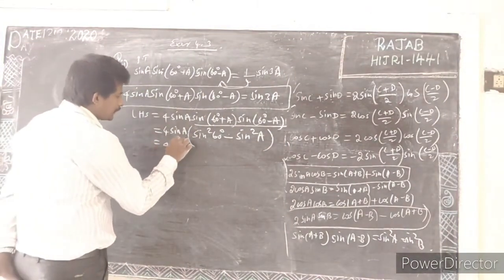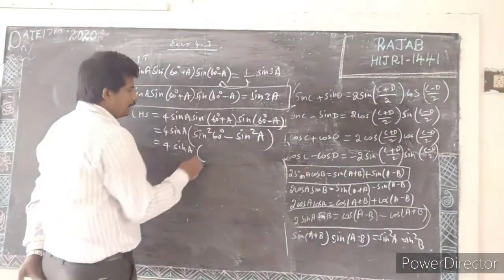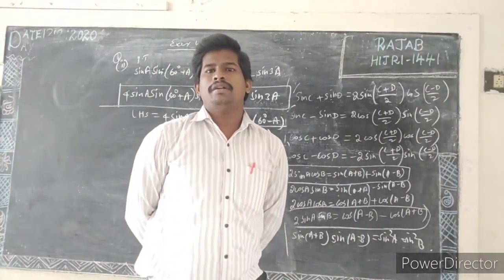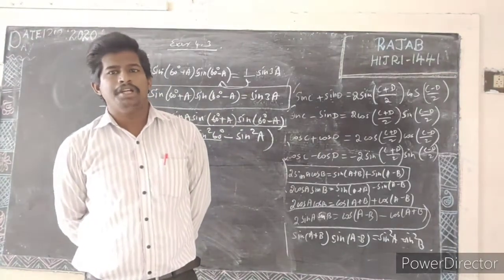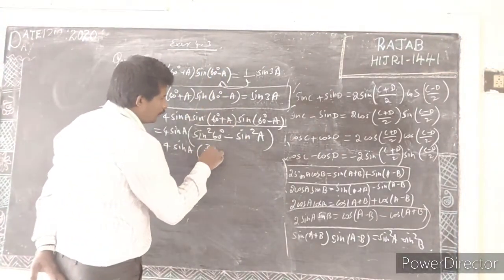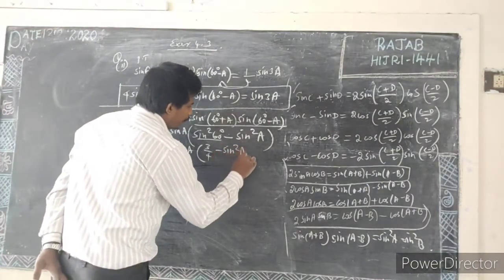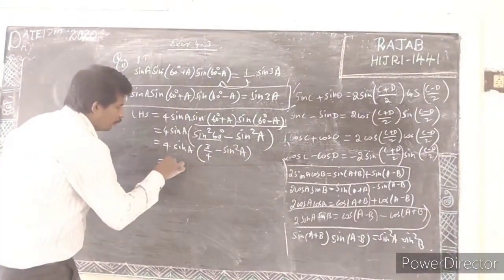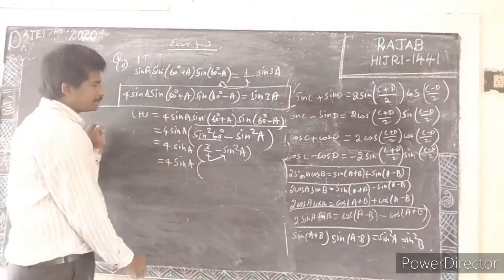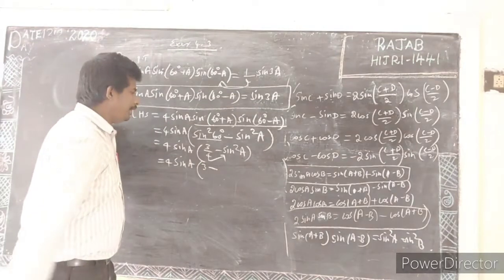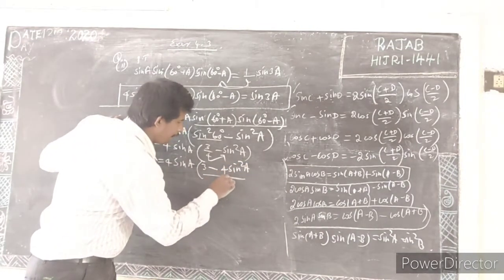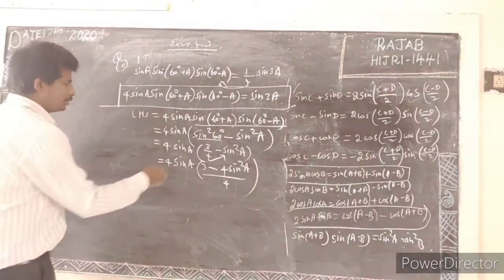Here 4 sin A into sin square 60 degree, that is sin 60 degree whole square. So sin 60 degree is root 3 divided by 2. Root 3 divided by 2 whole square is 3 by 4, minus sin square A. Now 4 sin A into this, so what will happen? 3 minus 4 sin square A by 4, so the 4 will get cancelled.